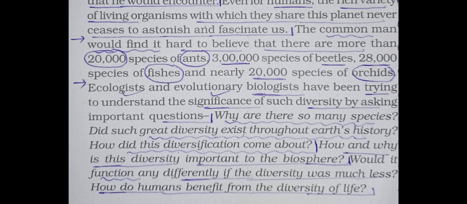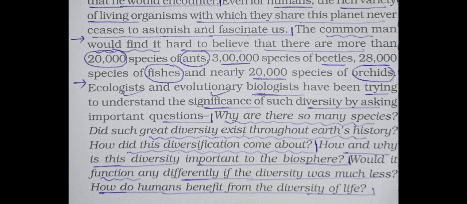First one is, why are there so many species? Second question, did such great diversity exist throughout Earth's history? Next one is, how did this diversification come about? Next one is, how and why is this diversity important to the biosphere, and would it function any differently if the diversity was much less?